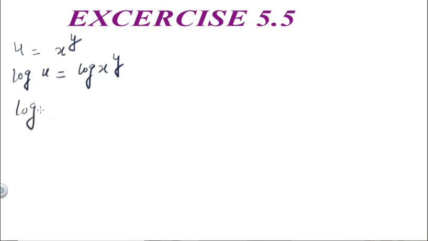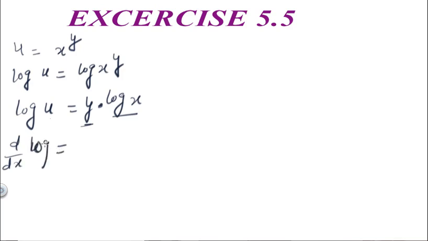Now applying the property of log of a to the power b, which is b log of a. So here you see we have two functions in product, so we will use the product rule for differentiating. Now differentiating both sides with respect to x, we will get d by dx of log u here, and here you will have d by dx of y into log of x.